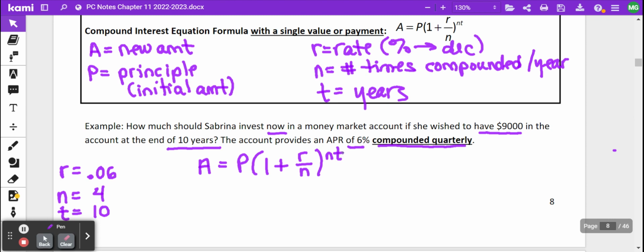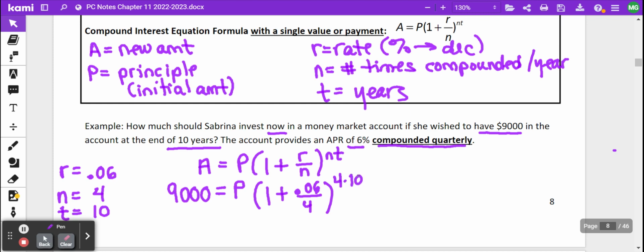And I want you to keep in mind, we're trying to figure out P, the principal value. So again, she wants $9,000 in 10 years. She doesn't know how much money she should put in right now, but she does know that she's getting 6% compounded quarterly, and she's going to keep that money in there for 10 years.